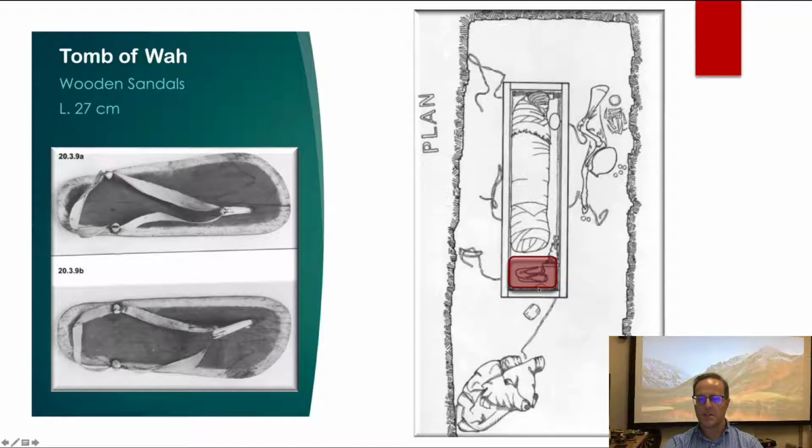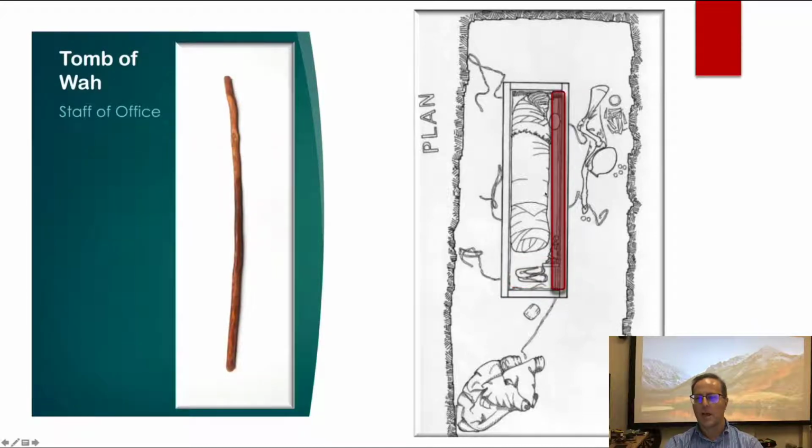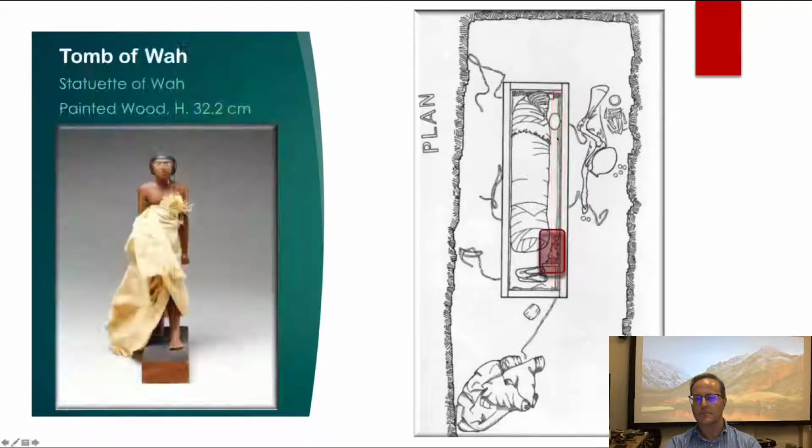Past his feet are these wooden sandals, which are very rigid and probably non-functional, much like Chinese Ming-Chi objects. These are really models of sandals since they could not be used. And also to his right is this staff, which is either a walking staff or a staff of office. Now down by his feet is this beautiful little statue here, which represents Wa himself.